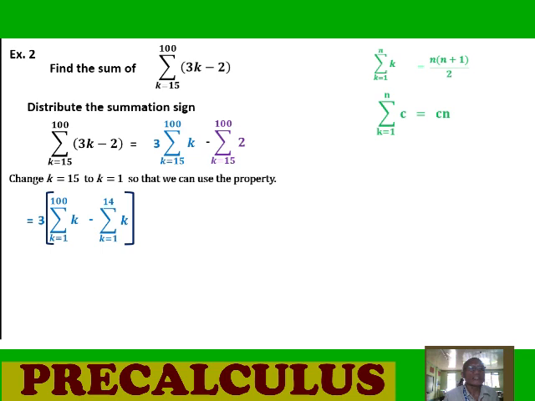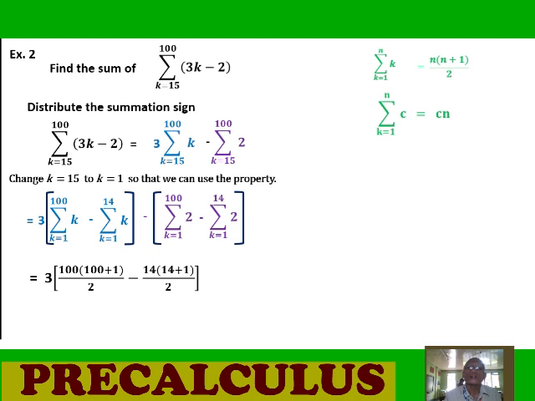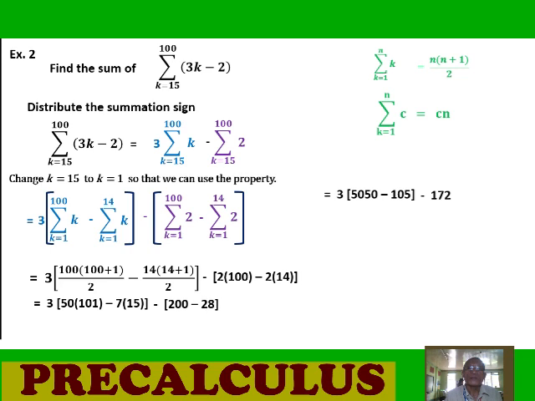So summation of k starting from 1 to 14 is removed from summation of k starting from 1 to 100, minus summation of 2 starting from 1 to 100 minus summation of 2 starting from k equals 1 to 14, and use the property and simplify further, and subtract. So the answer is 14,663.